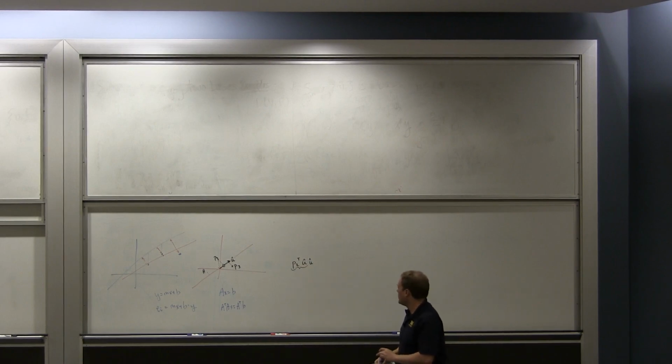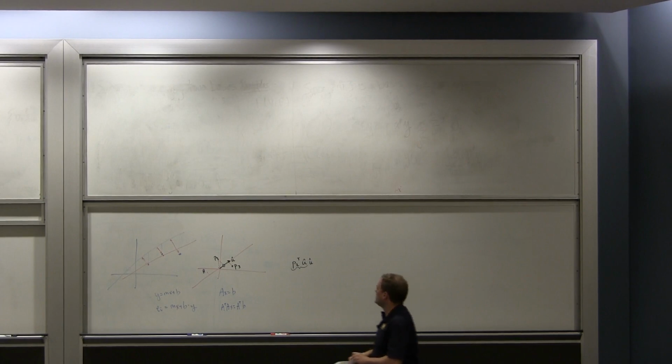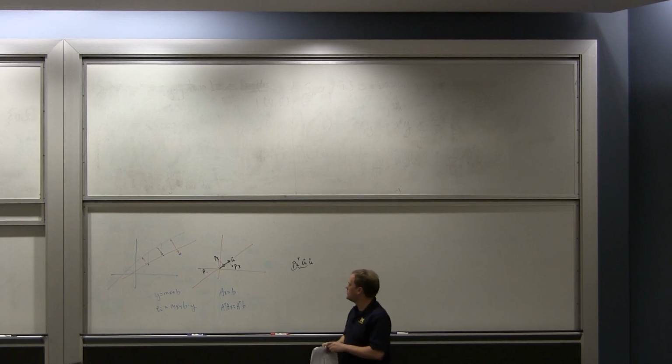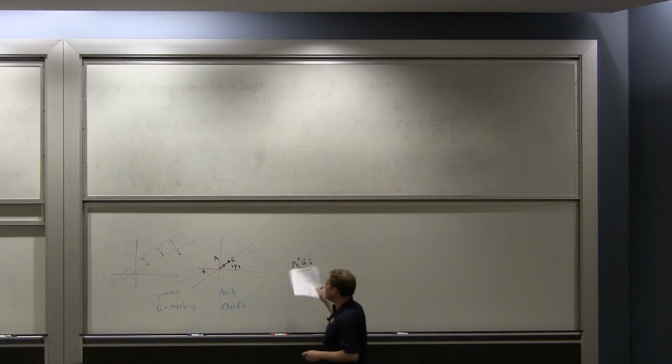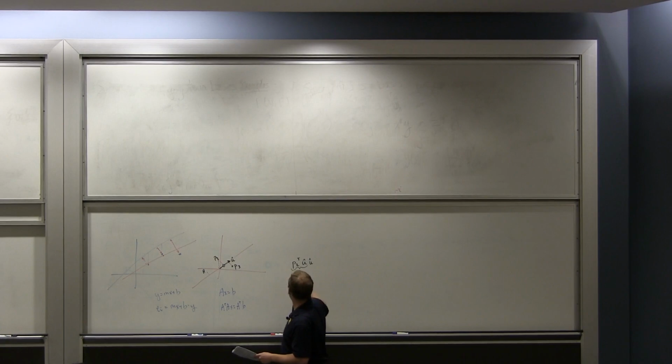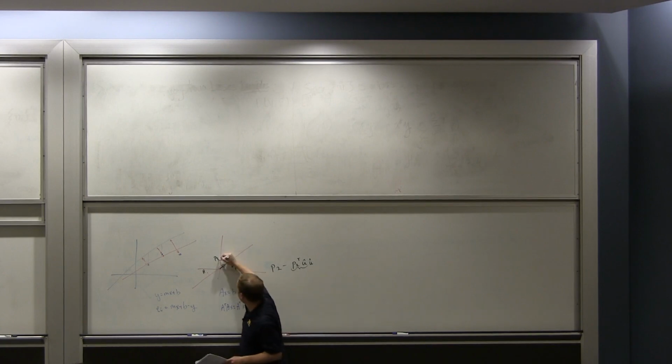All right. Now, what property do we want to have happen here? P minus this is perpendicular to u. Right. At this point, if we now consider P2 minus this, right, that's this vector.